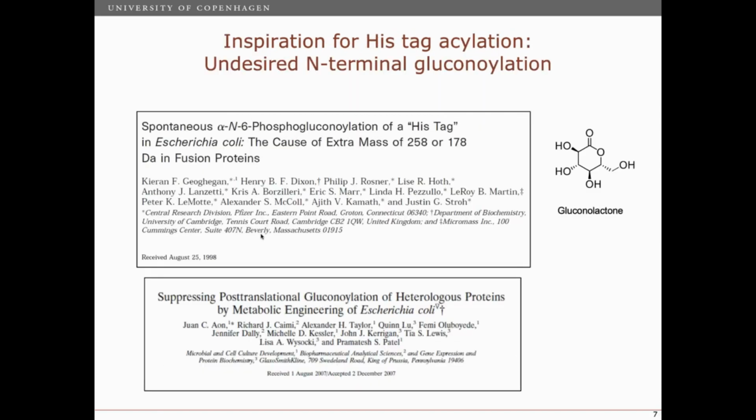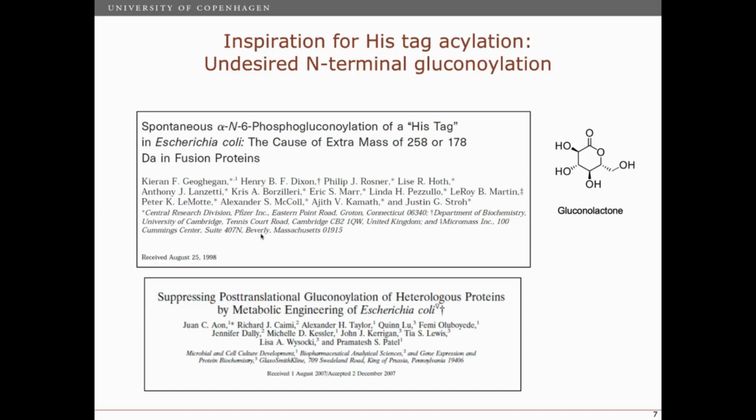The inspiration for the start of our project here was taken from a well-known side reaction. It had been reported by Geoghegan and others that proteins with an N-terminal His tag could undergo a really annoying side reaction where it reacted with gluconolactone.